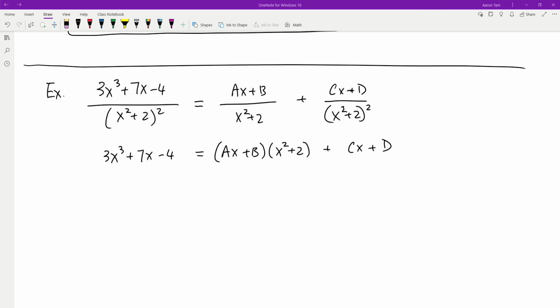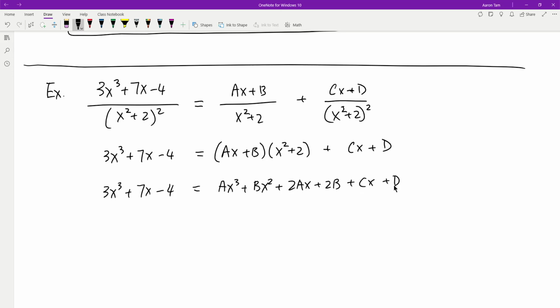As a matter of fact, I'm not sure Mr. Ambrose might have also showed you how to do this too. So what I'm going to do is leave the 3x to the third plus 7x minus 4, and simply multiply out the other side right here. So it becomes ax to the third plus bx squared plus 2ax plus 2b plus cx plus d.